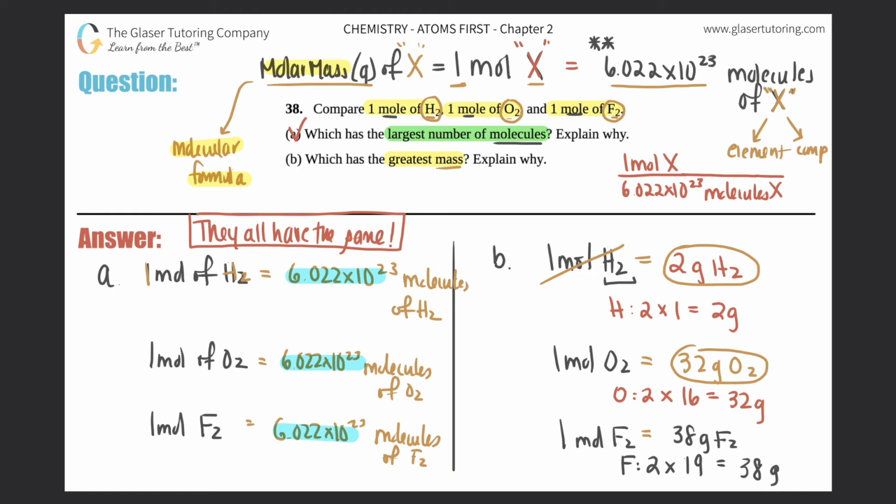Oh, the fluorine, F2. So F2 has the greatest mass because it says explain. Because what did we find out? It had the greatest molar mass.